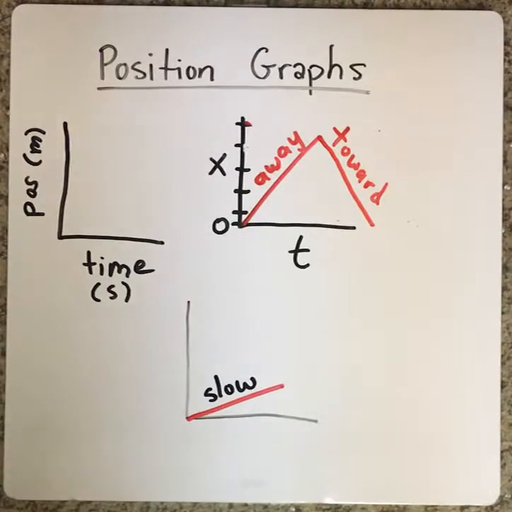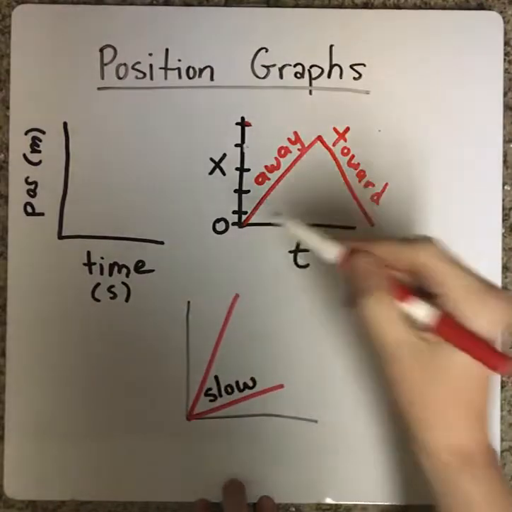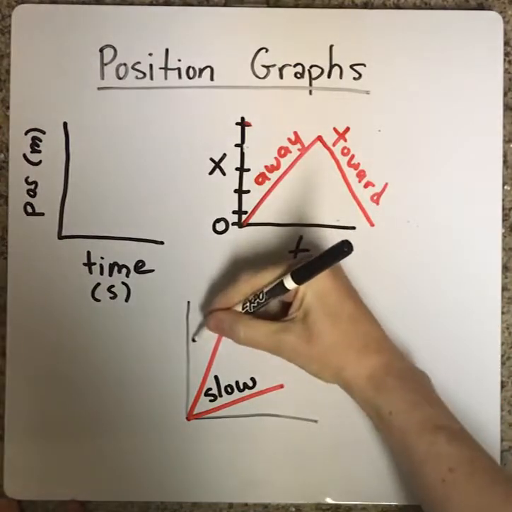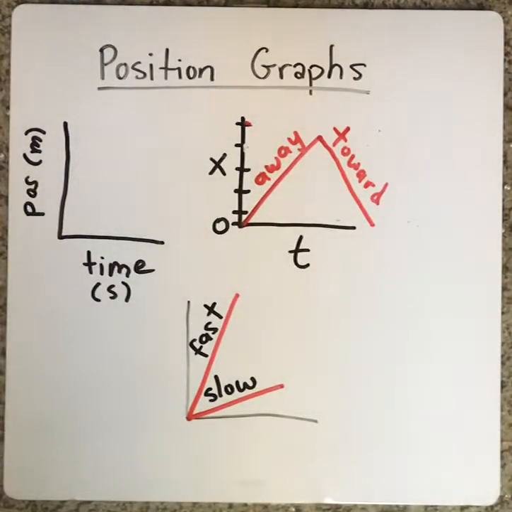If we calculate a number for that slope, we will get a small number because it just is not changing very quickly. On the other hand, sometimes we get a graph that just spikes up. It's very steep. That means that the position is changing quickly. So I'm going to use the word fast. So steep graphs mean the object is moving fast, and graphs that are not steep are moving slow.